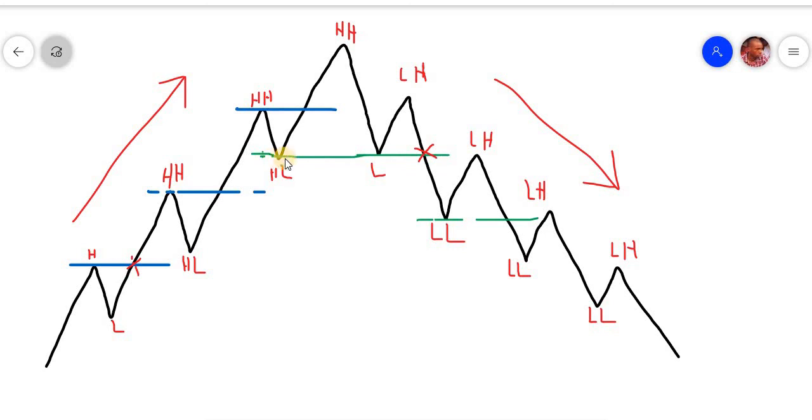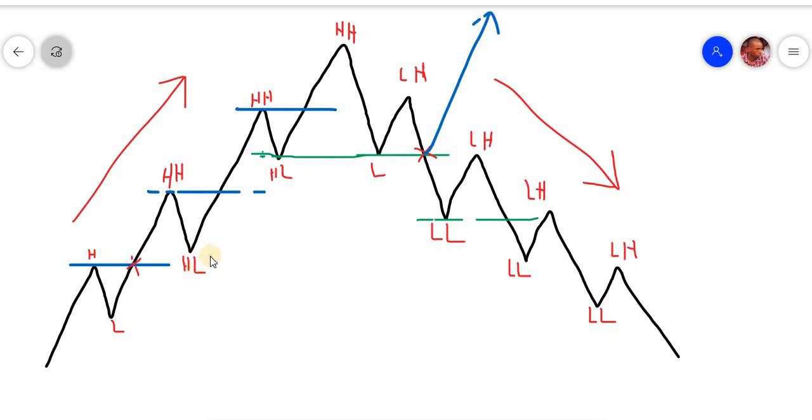If this higher low is not broken to the downside, you don't think of a reversal yet, okay? Because it is possible that price can do this, get to this level, and still continue in the uptrend. It is very possible.